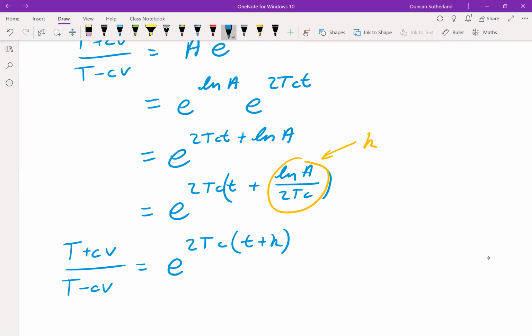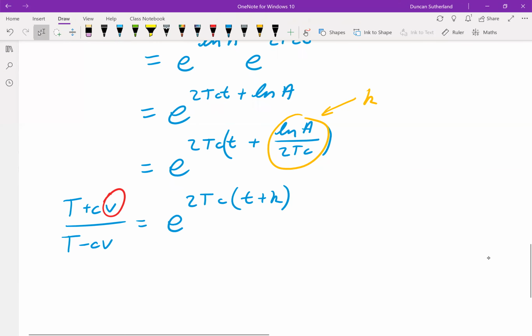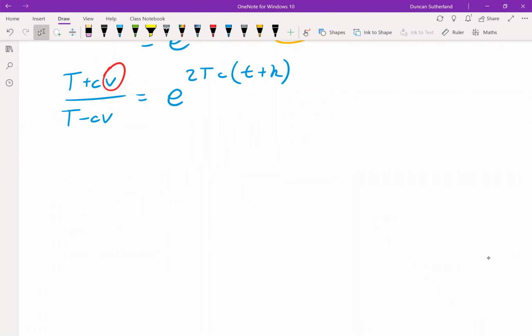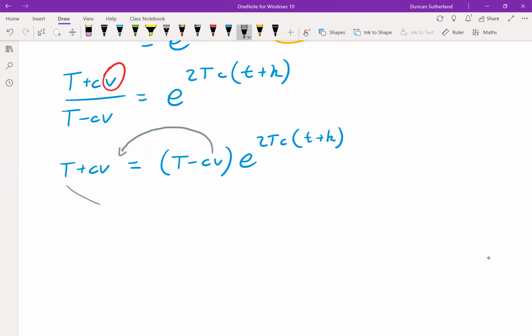All right, now I've got to rearrange this expression to find my variable of interest of V. Right, now we can rearrange. We put this C over here, and we put this T over here to match with the T terms.